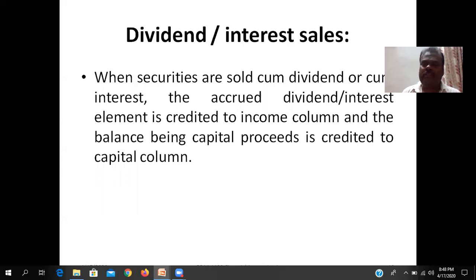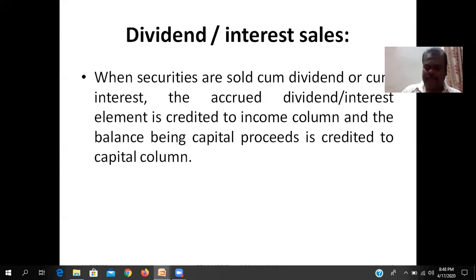When the securities are sold cum dividend or cum interest, the accrued dividend or interest element is credited to the income column. And the balance, being the capital proceeds, is credited to the capital column.